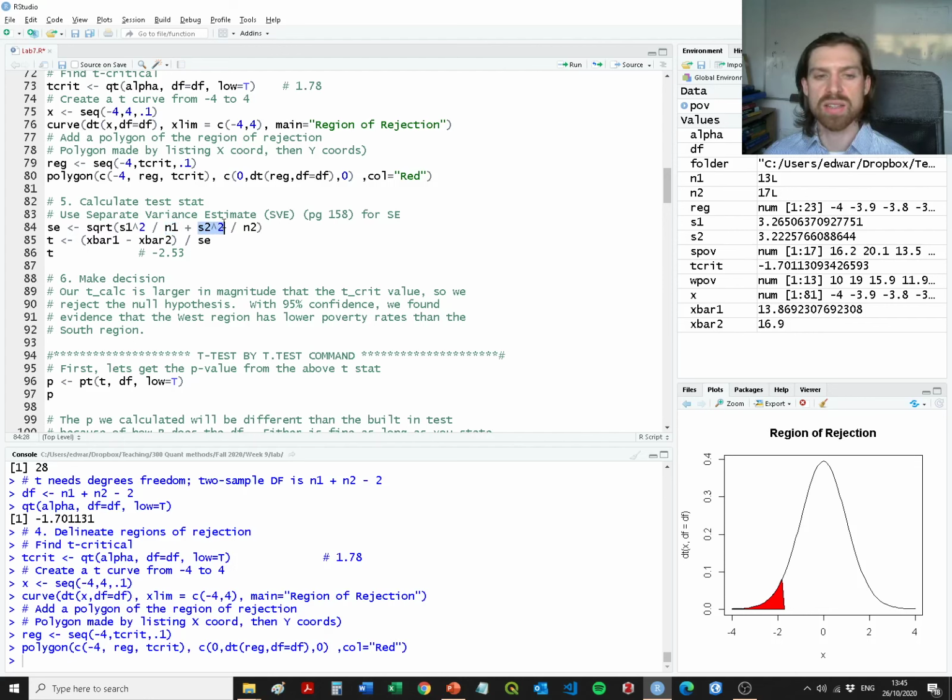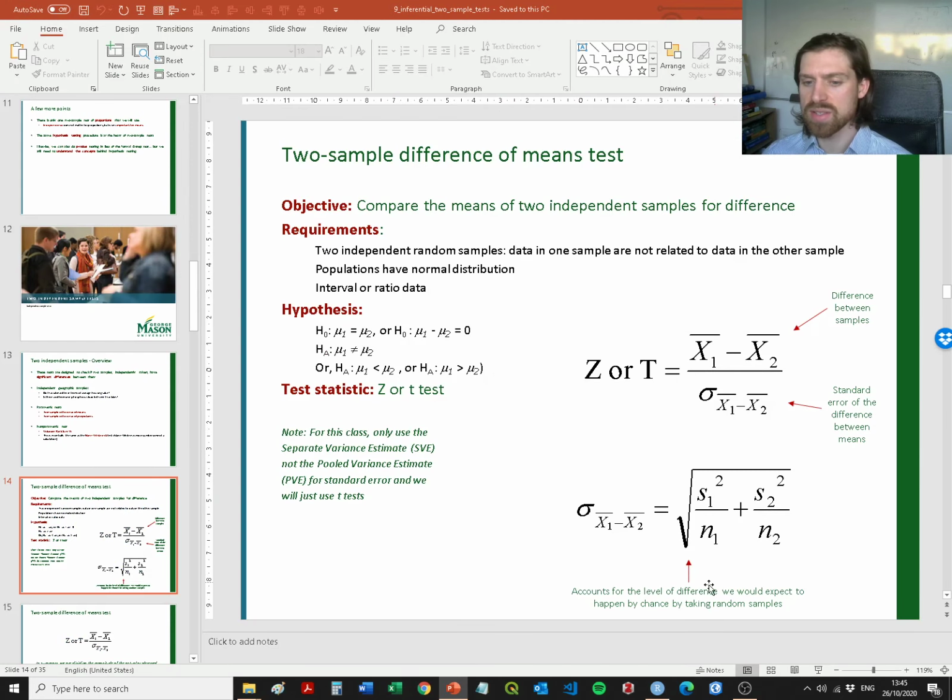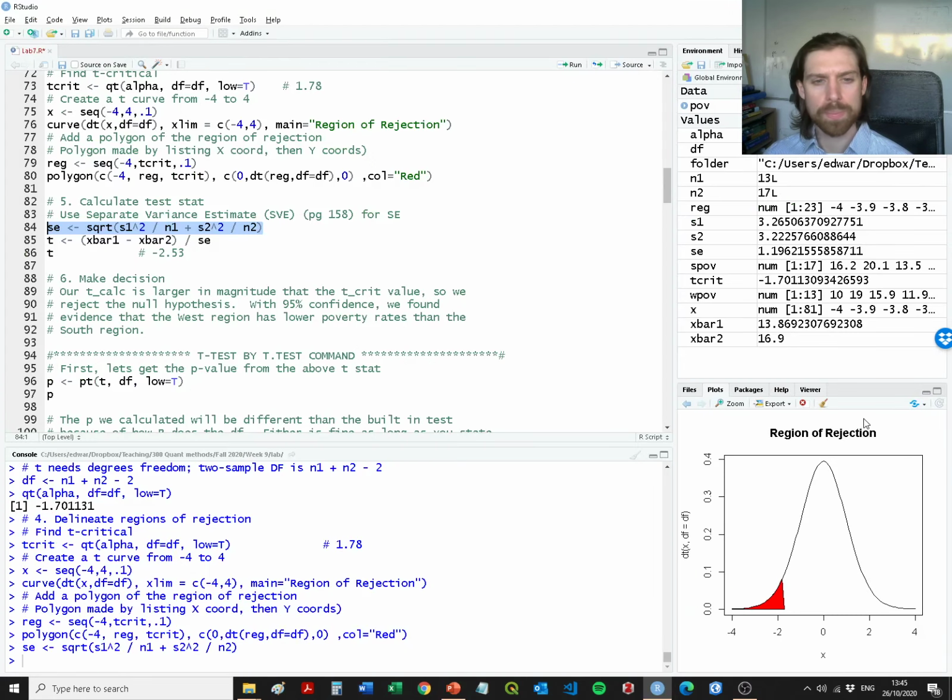And then we're taking the square of S2 and dividing it by the number of samples within that sample. And then we're taking the square root of that. And that's how we get the SE. So it's the standard error of the differences between the means, okay?